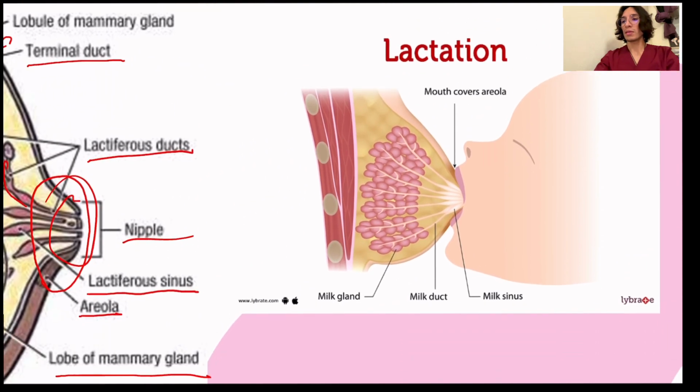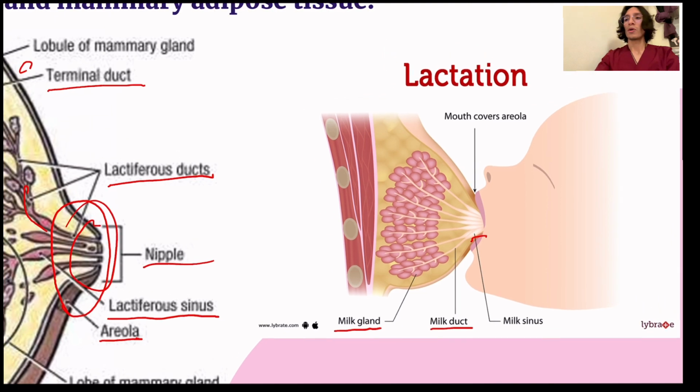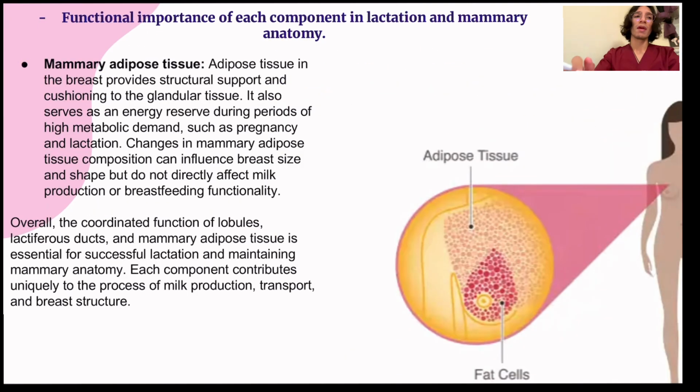Okay, you can see here the lactation process. The milk is reserved in the milk gland, goes through the milk duct, and is expelled through the milk sinus. Okay, next. Functional importance of each component in lactation and mammary anatomy.